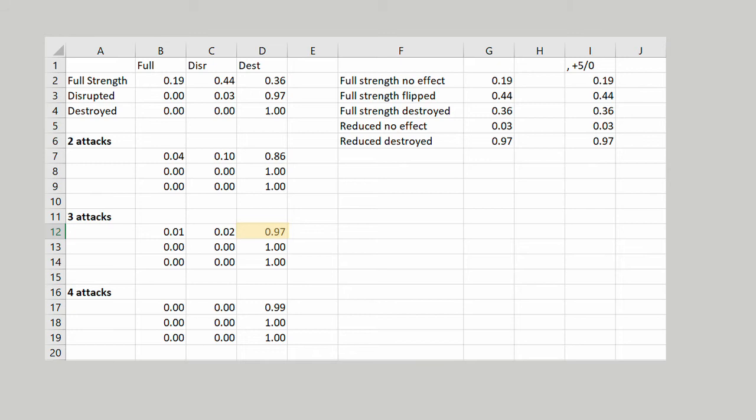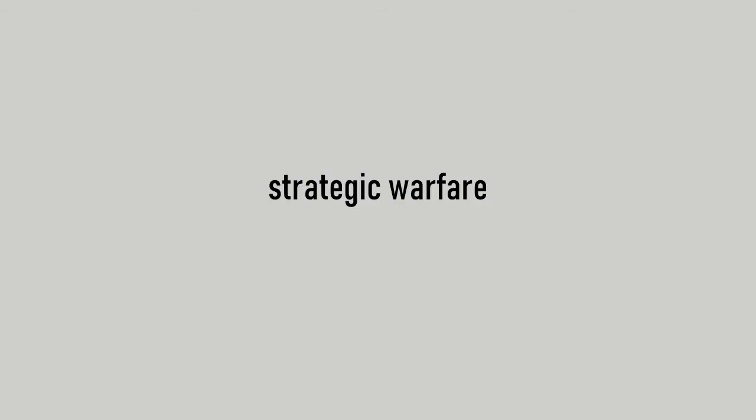This basic tool is central to understanding certain types of probabilities. This is essentially anything where there is a chain of similar actions and you are interested in the end result rather than the initial result. And the area in which that's most obviously applicable in unconditional surrender is strategic warfare.